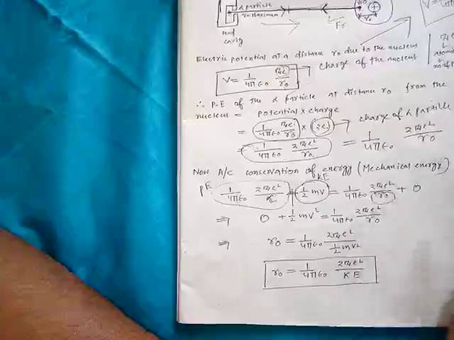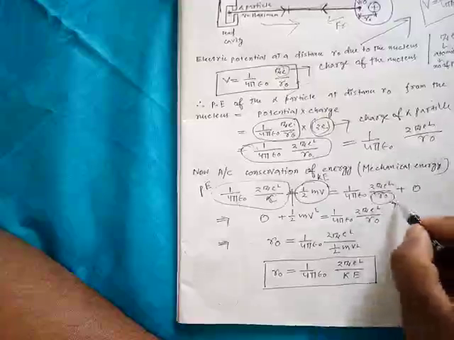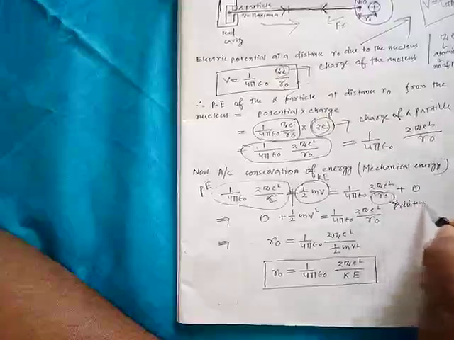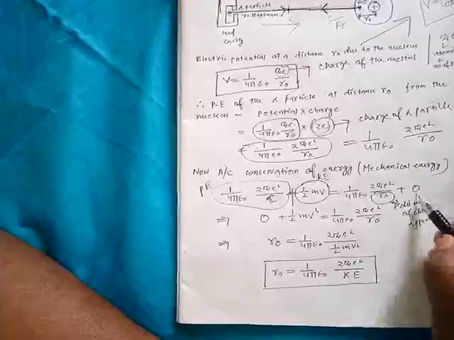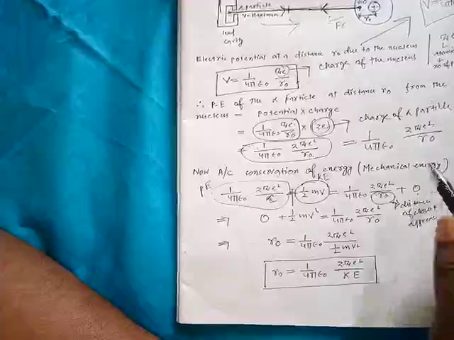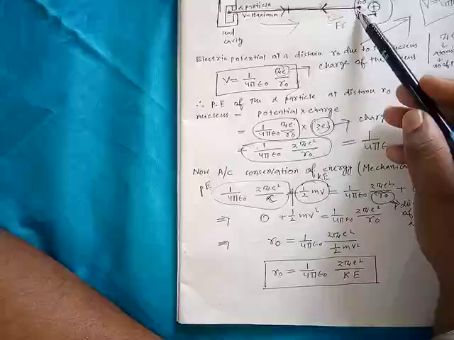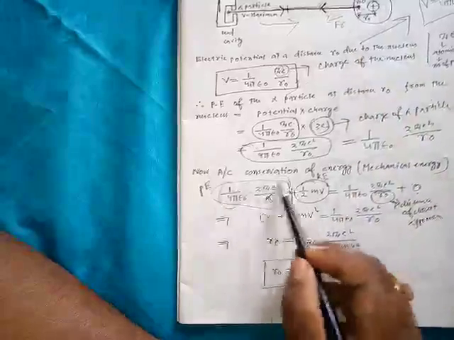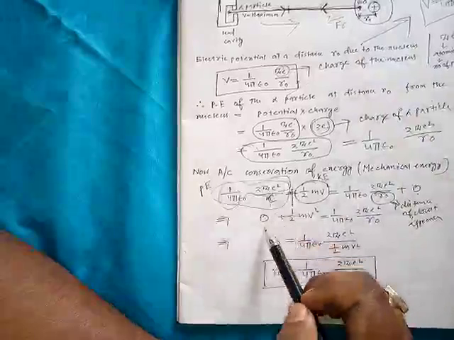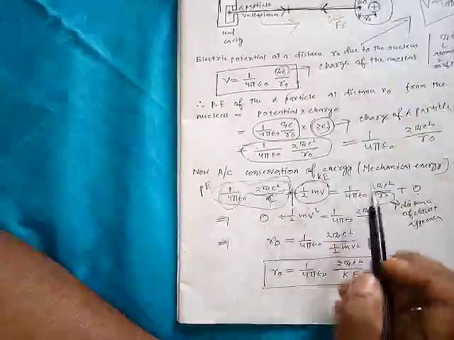This r0 is the distance of closest approach. And what is the kinetic energy of the alpha particle at this point? At this point, it is again 0 because velocity will be 0. So whenever something is divided by infinity, it will become 0. Half of mv square, on this side it is 0.